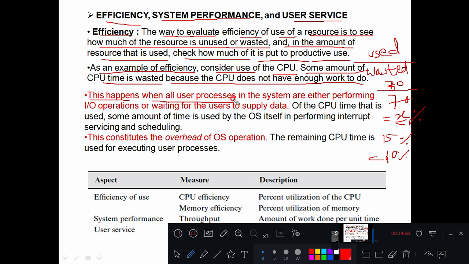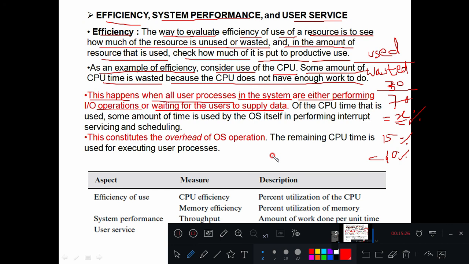This happens when all user processes in the system are either performing IO operations or waiting for the user to supply data, right? So when the program is getting executed, and the program prompts you to input something from the keyboard, until and unless you enter some data through the keyboard, the processor will be waiting.